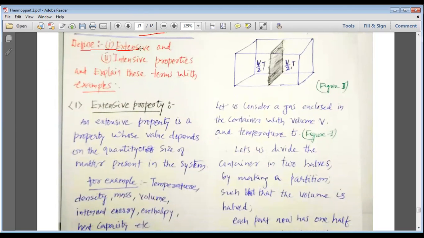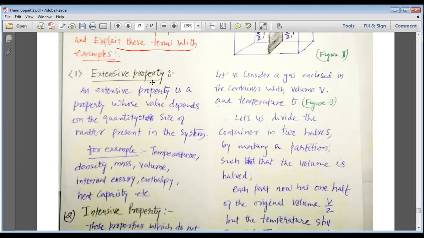Now, my dear students, we want to study two important terms. One is known as the extensive property and another is known as the intensive property. Let us define these terms and we will explain them with examples. First, let's study the extensive property. An extensive property is a property whose value depends on the quantity or size of the matter present in the system.